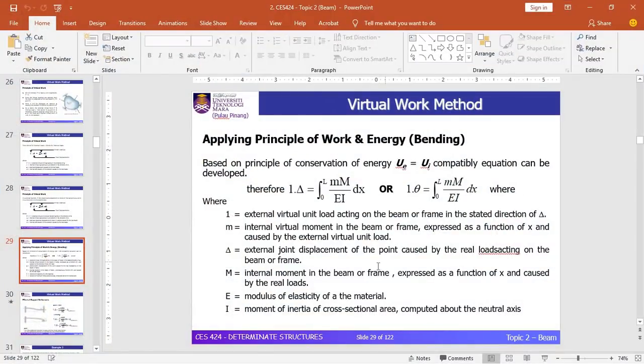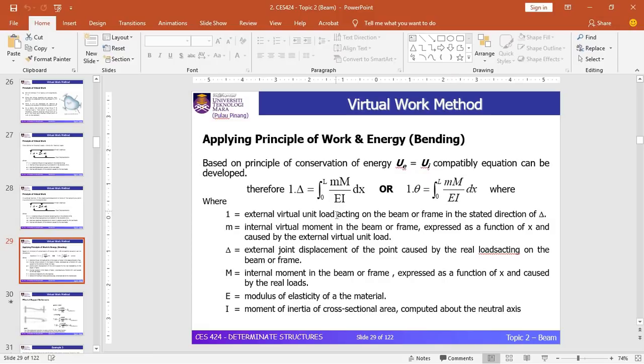If you look at topic 2, on the virtual method of the beam, we have seen these two equations: the equation for displacement and the equation for rotation. They are basically similar, but they differ in the virtual diagram. When you deal with the displacement equation, you need to apply 1 unit load, and if you deal with the rotation equation, you need to apply 1 unit moment.